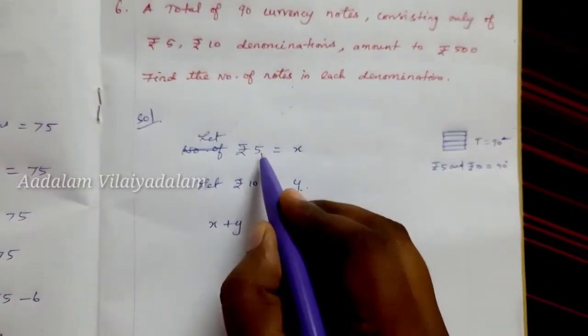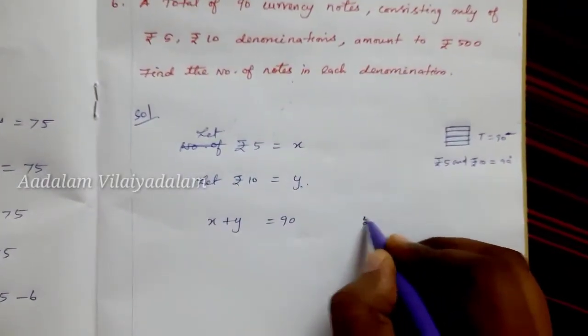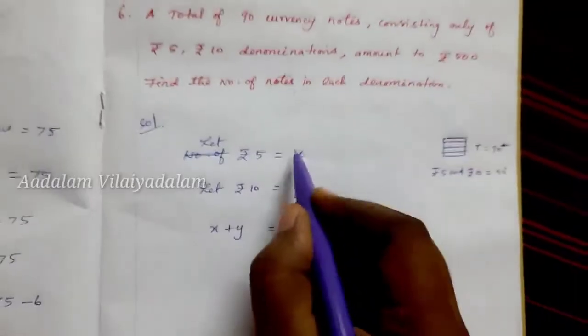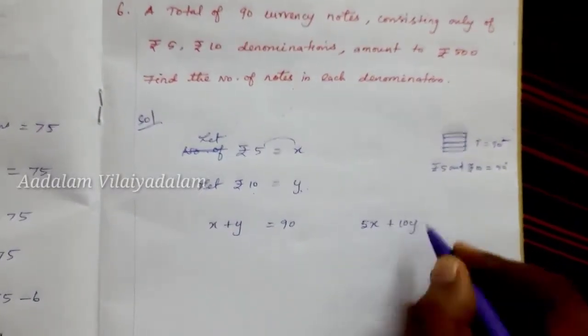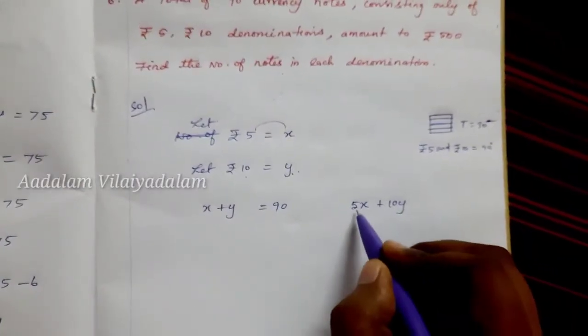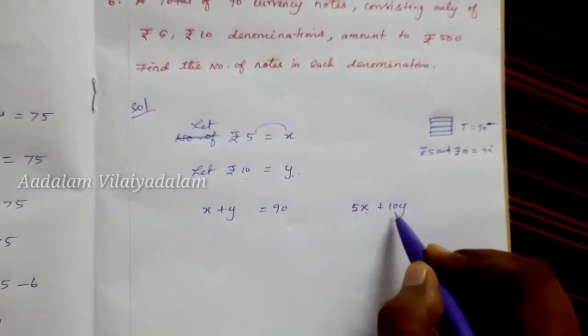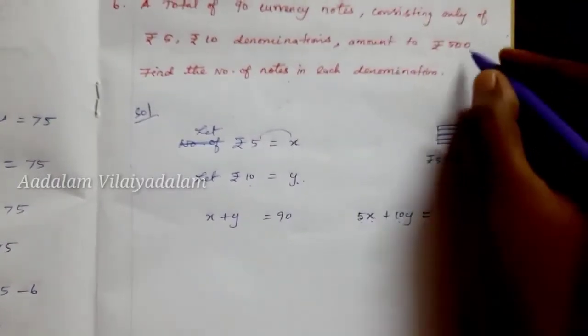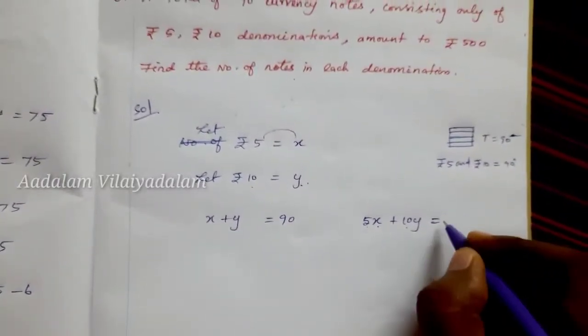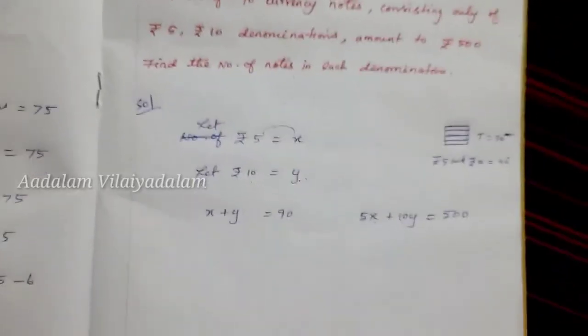So 5 rupees notes, x of them, and 10 rupees notes, y of them, the total value is equal to rupees 500.